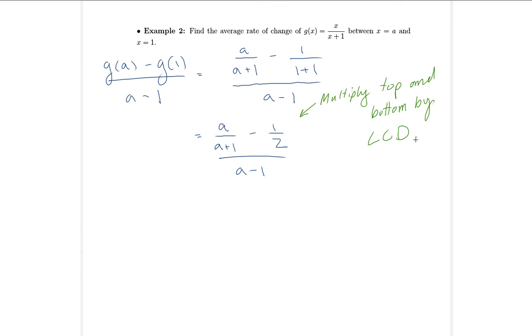Okay, so look at the denominators of all the fractions and ask yourself, what is the least common denominator? Well, if I look at a plus 1 and 2, they really have nothing in common with one another, right? So anytime you've got two denominators with nothing in common, the LCD is just going to be the product of the two. So the LCD is just going to be 2 times a plus 1.